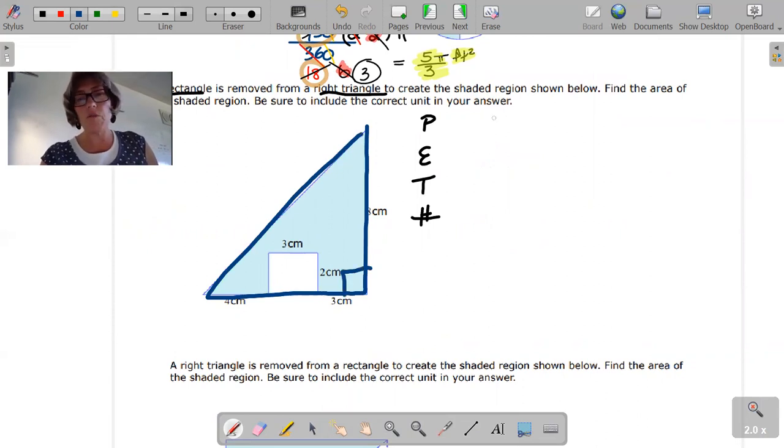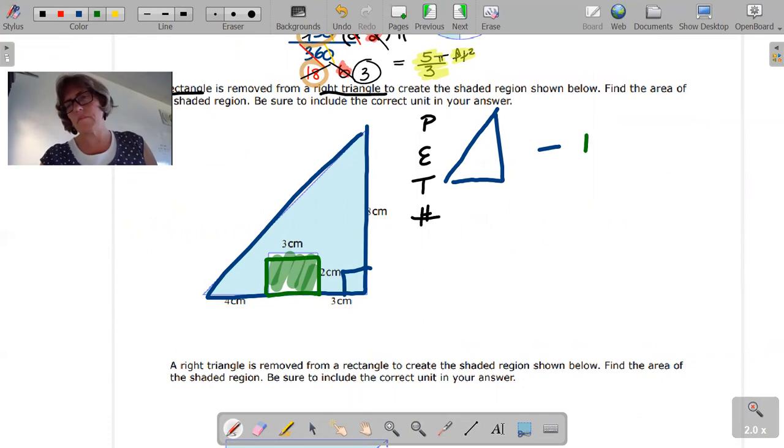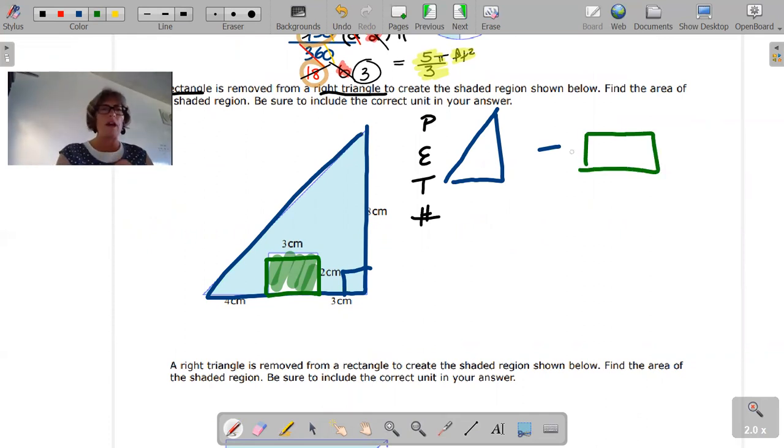So to find the shaded region, that's going to be a right triangle minus a rectangle. And then that will get us our shaded region. I'm just going to write the word shade. So that's pictures.